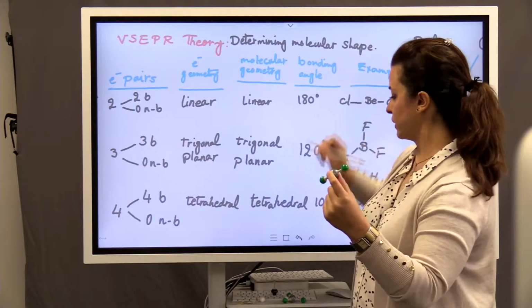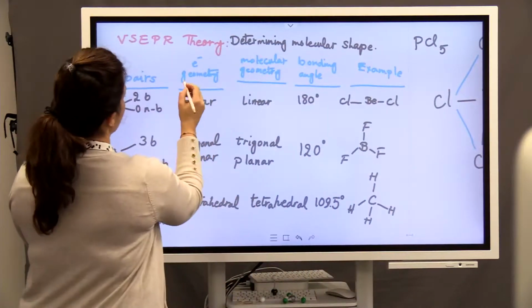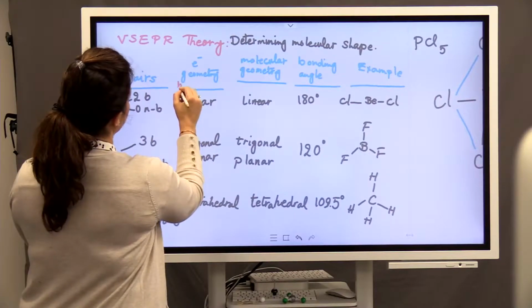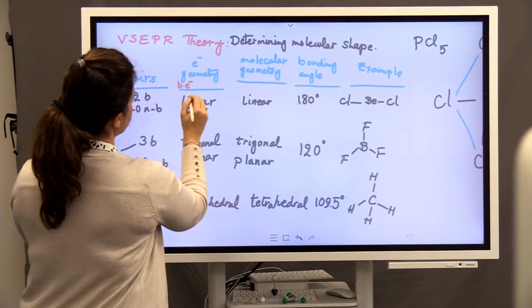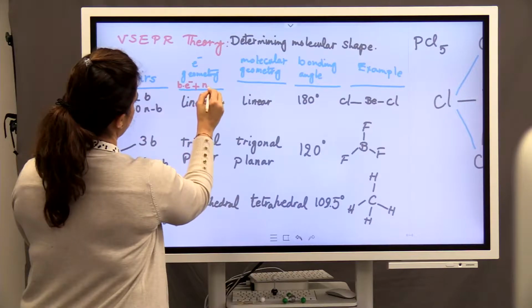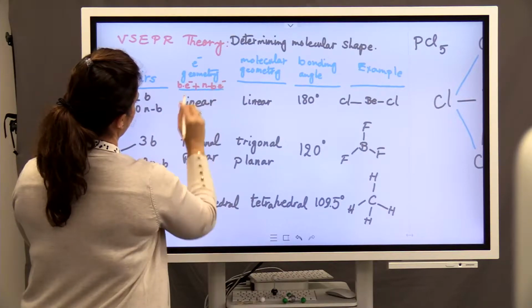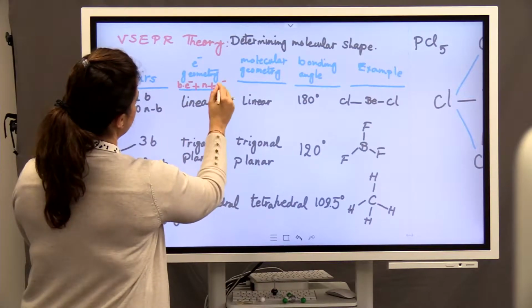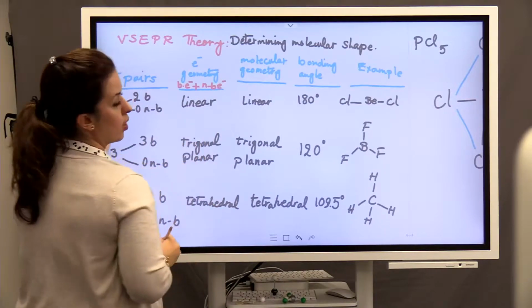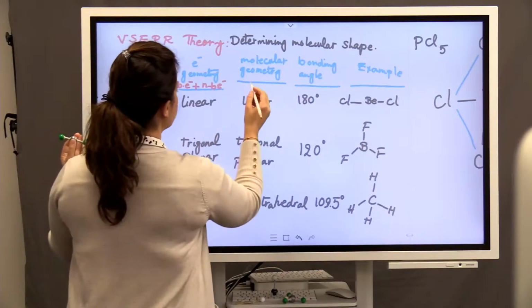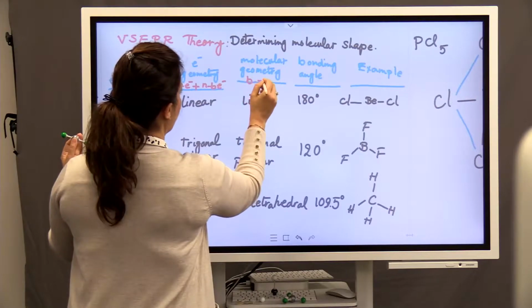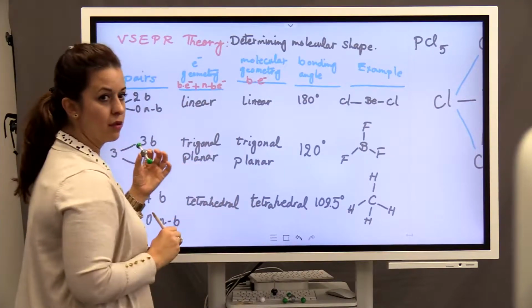Let's add it to our table that electron geometry is talking about bonding plus non-bonding electron pairs, okay? But molecular geometry is just talking about bonding electron pairs, okay?